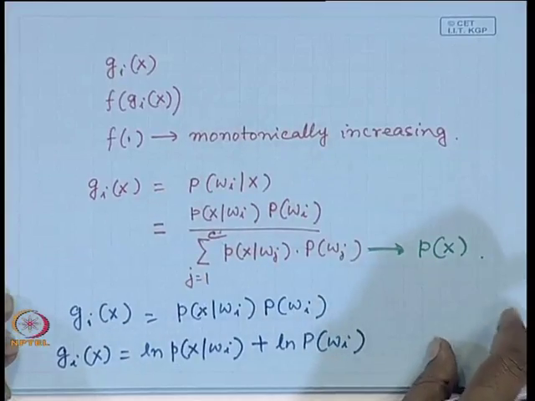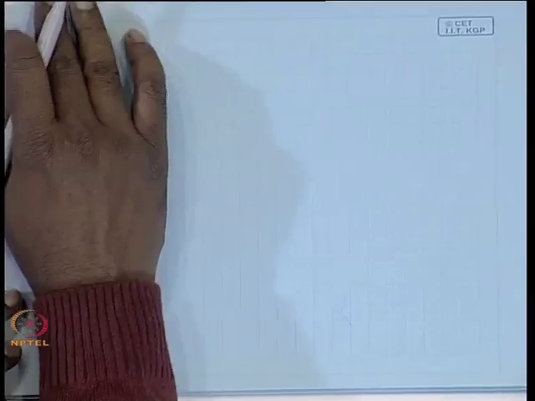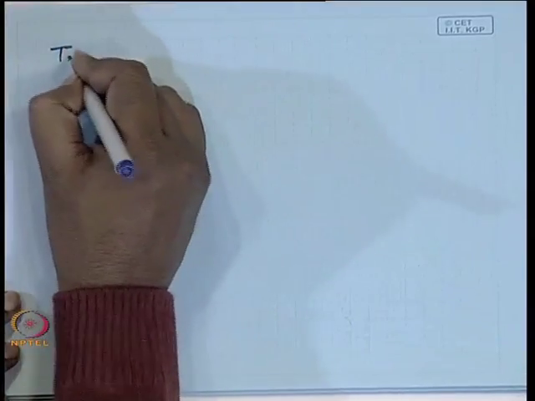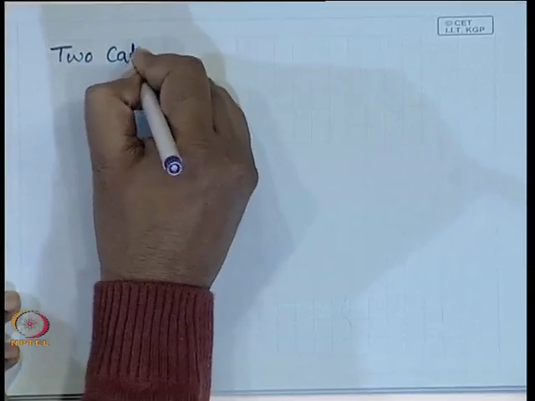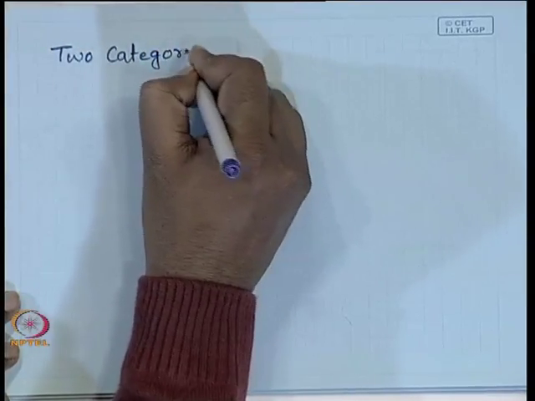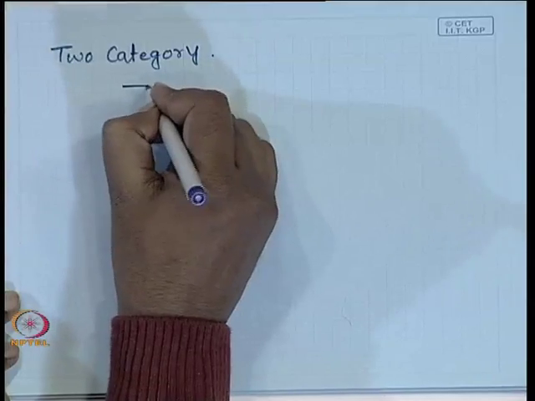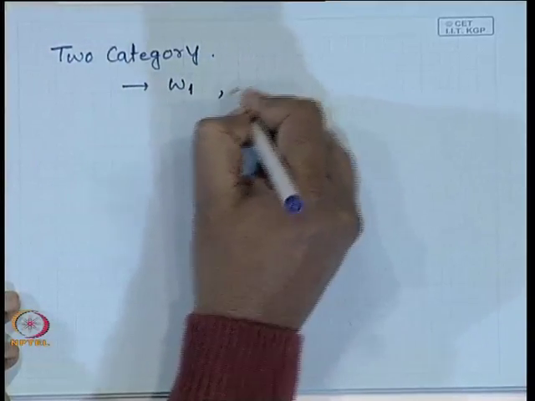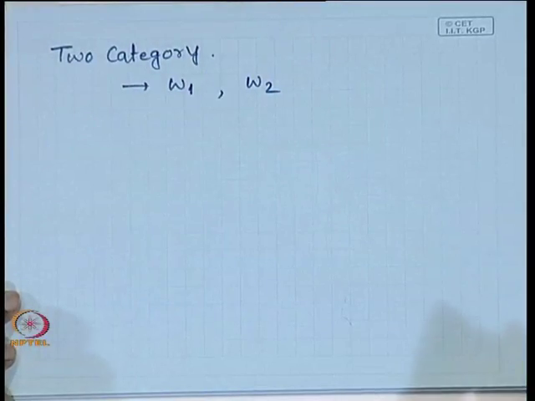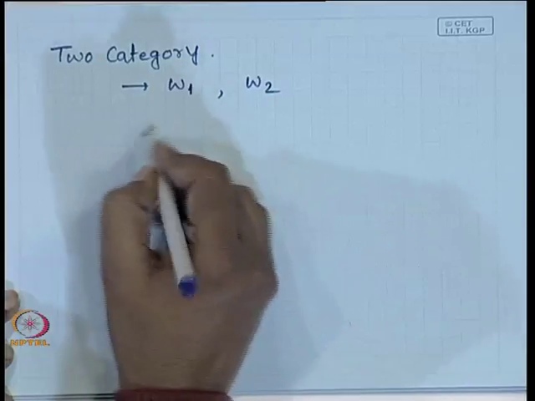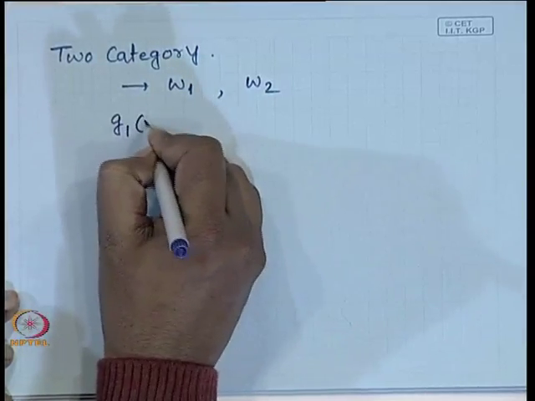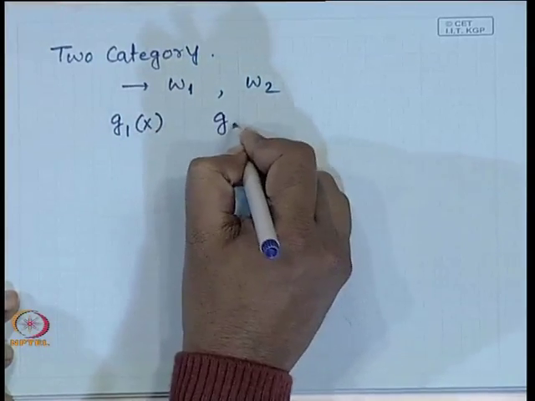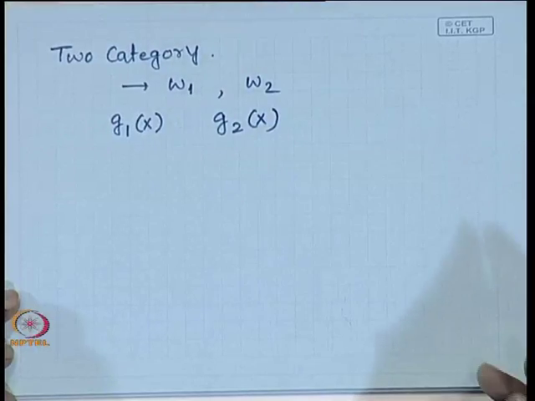Now, using this, if I go for a 2 category case, that is, I have classes omega 1 and omega 2, then I will have 2 discriminant functions: one is g_1(x), the other is g_2(x).